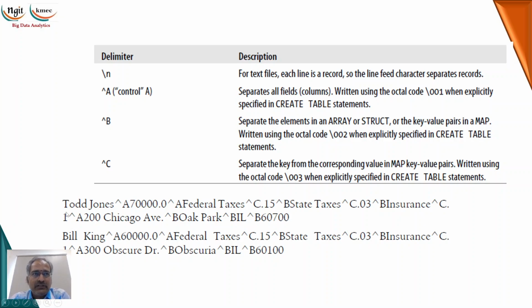If you observe these two lines, you will clearly understand. See here, cap A means it is the separation of the field, meaning that up to here, this is one field. After that, here also there is another cap A, meaning that this is another field.